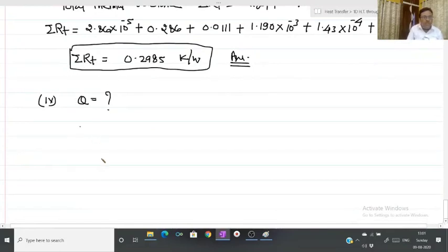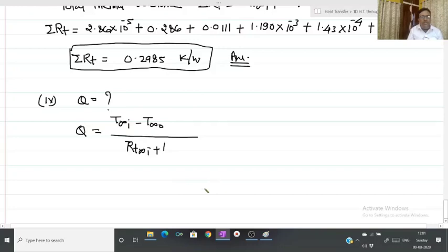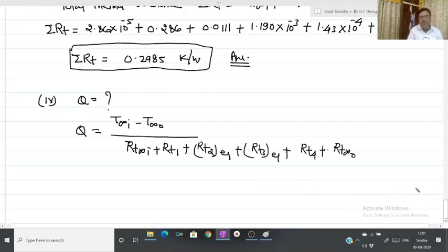Under such conditions, the total thermal resistance will be thermal resistance of hot fluid, thermal resistance of slab 1, equivalent thermal resistance of second slab, equivalent thermal resistance of third slab plus thermal resistance of slab 4 and thermal resistance of cold fluid.